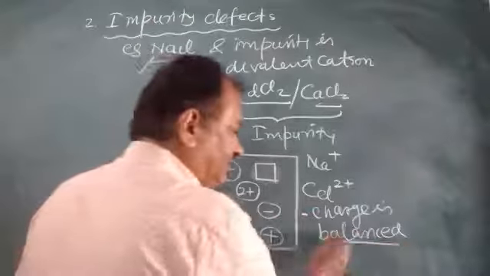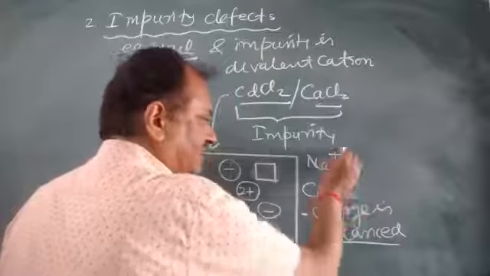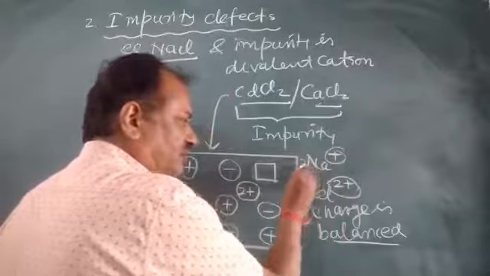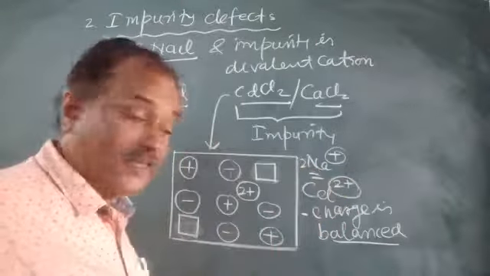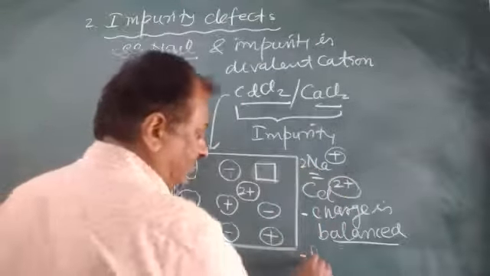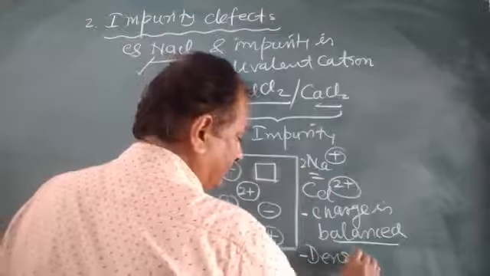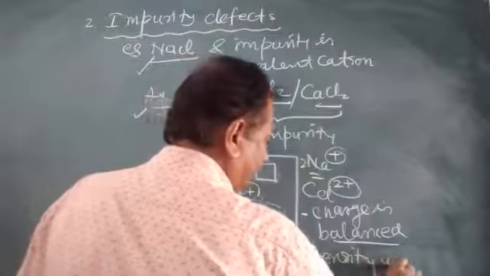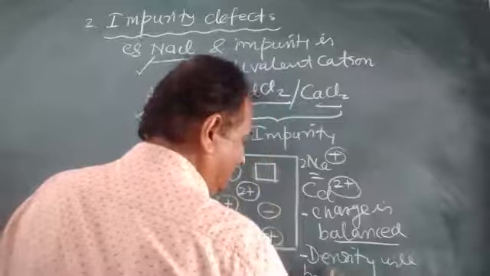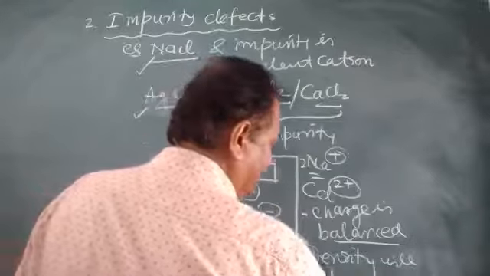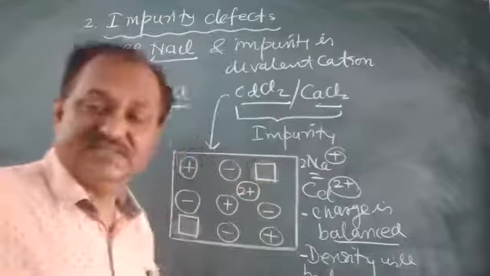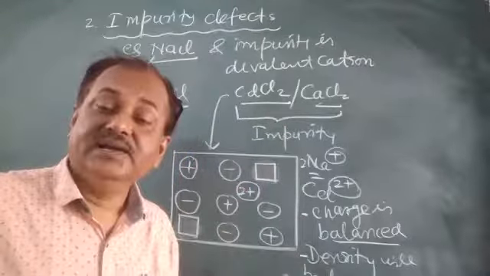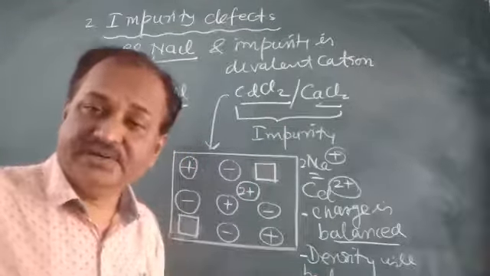So the charge will be balanced because it has 2 plus, and 2 have been lost, so it is the same. Now the second point will be density. Density will be decreased. So this type of defect is called impurity defect.